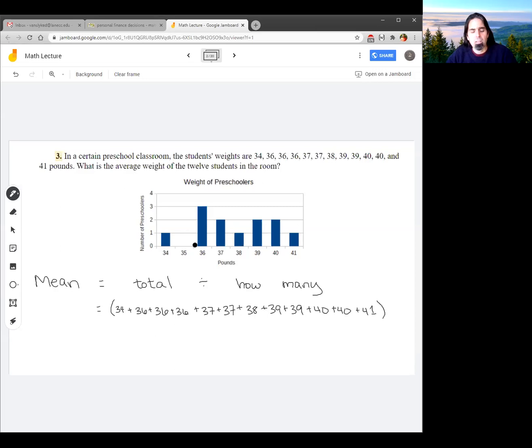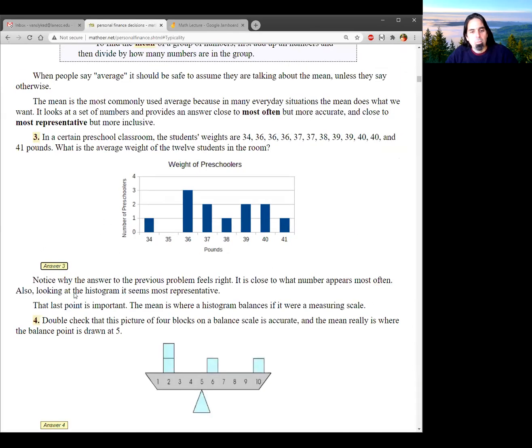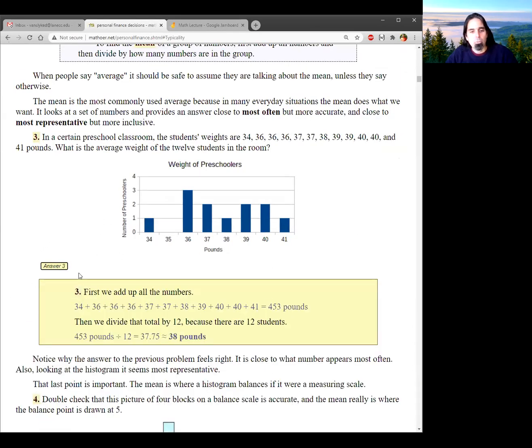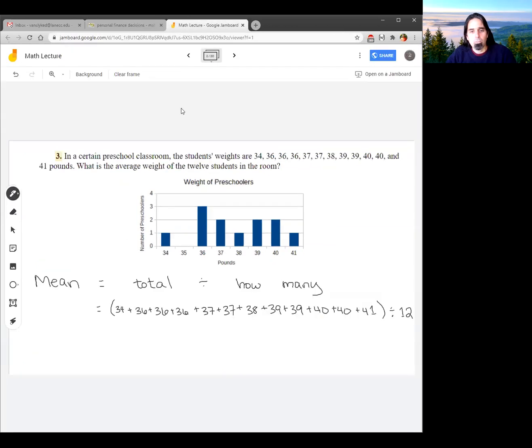And then how many? 1, 2, 3, 4, 5, 6, 7, 8, 9, 10, 11, 12. So at the end, we'll divide by 12. I'm just going to peek at the answer. 453 divided by 12. So we get about 38 pounds.